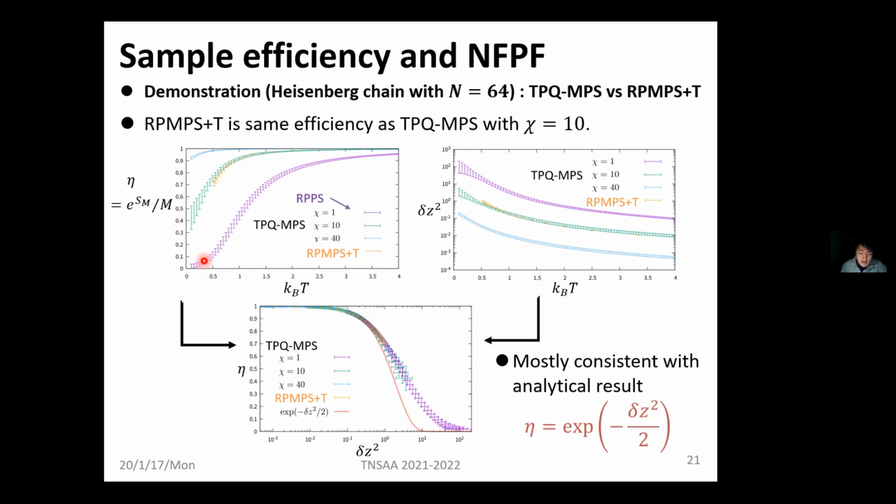However, increasing the bond dimension to 10 will recover the efficiency in this green data, which has almost the same efficiency as Goto-san's RPMPS plus T method. Since we can increase chi to 40 easily, the efficiency becomes very close to 1 and exceeds 0.9 even for the lowest temperature available.